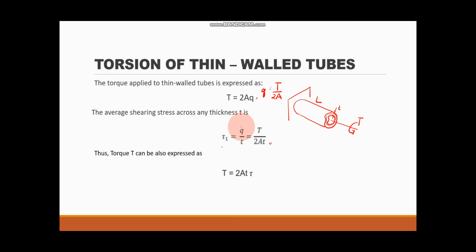If we substitute it here, this is what our shear stress will look like. So the torque can also be expressed as 2 multiplied by the cross-sectional area enclosed by the center line of the tube, multiplied by the thickness, multiplied by the shear stress. To further understand, let us proceed to our first example.